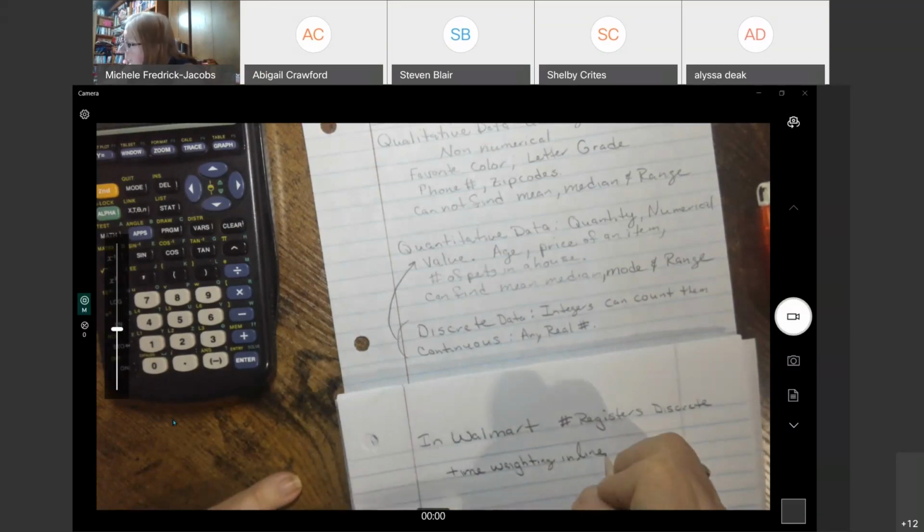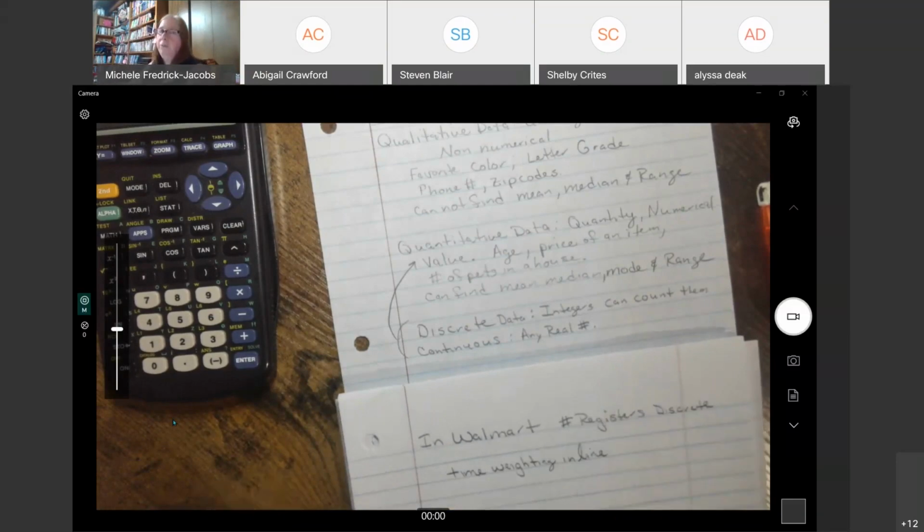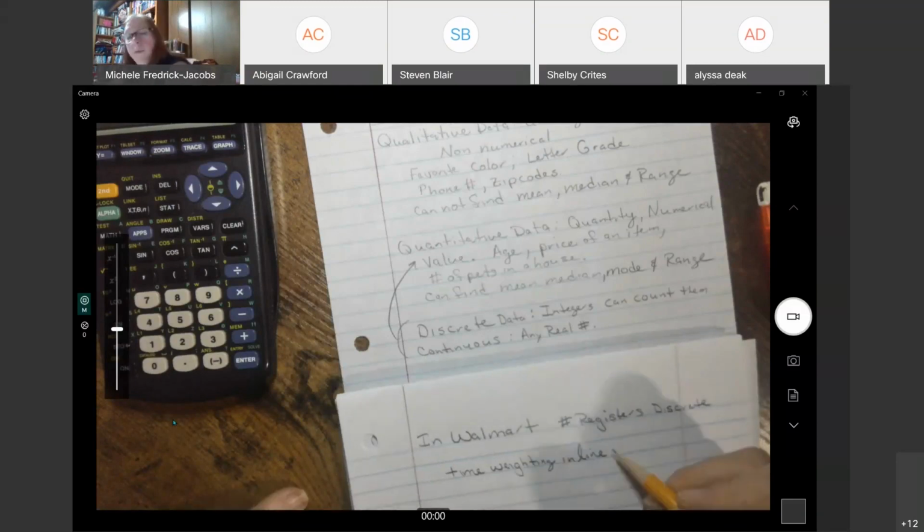The time you're waiting in line, that could be fractions. You could wait for 2.5 minutes. You could wait for a half hour, 3/4 of an hour. So it can be fractions and decimals. When you can get fractions and decimals, it's continuous.